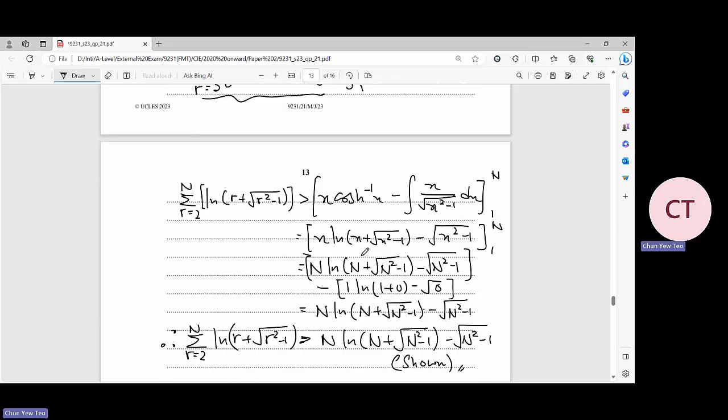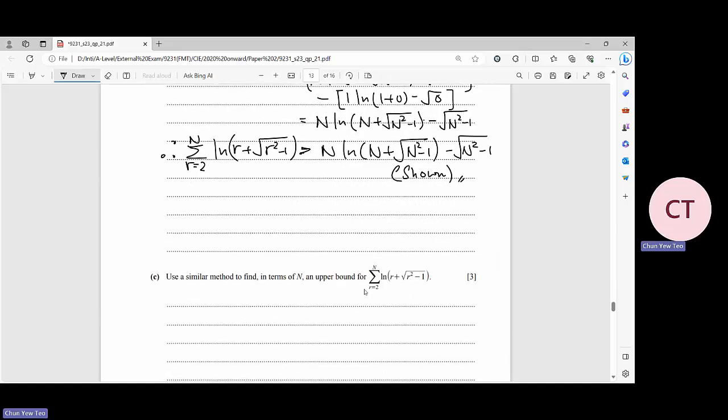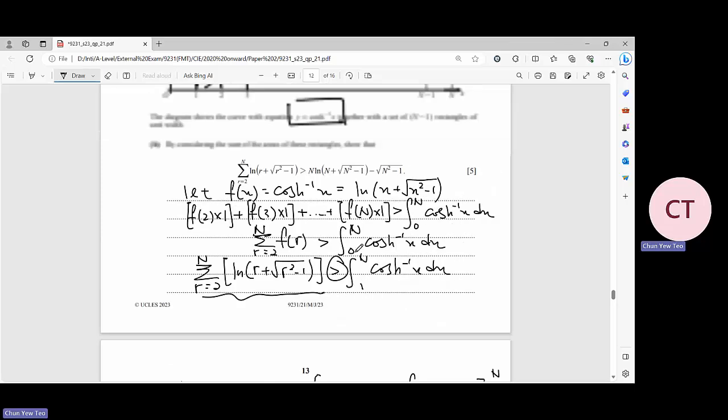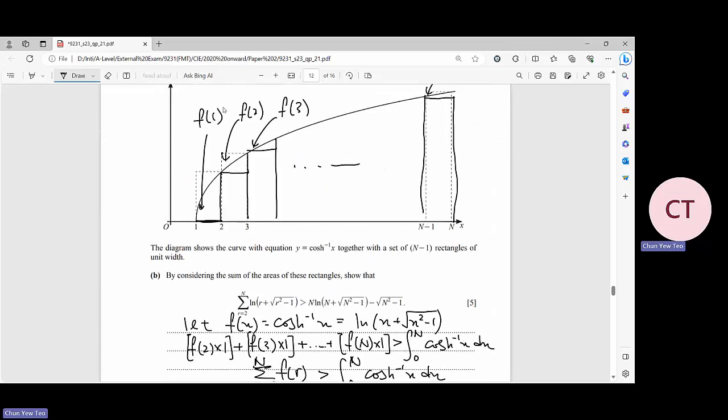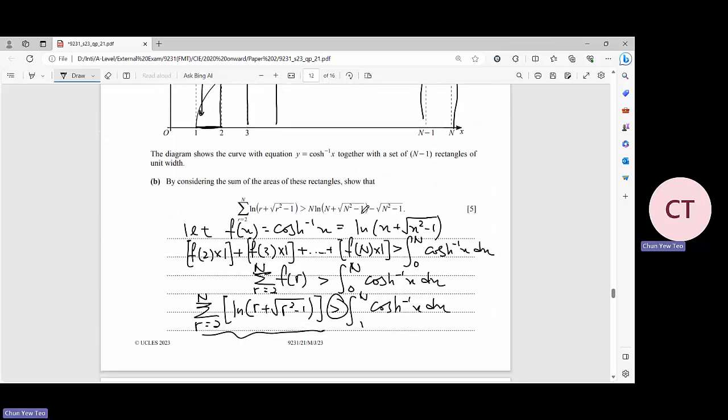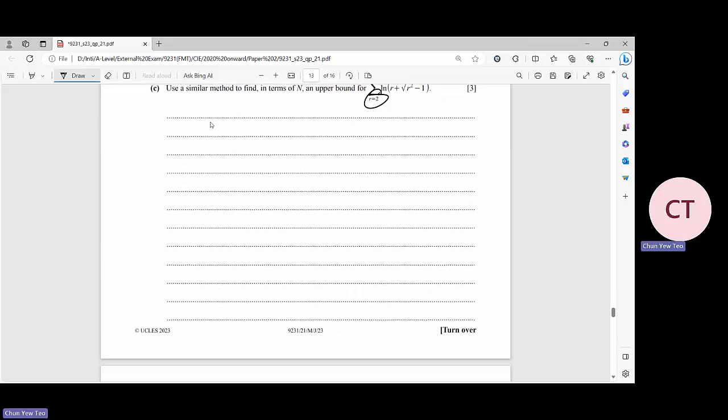But however, your r starts from 2. Your r starts from 2, that means this one is not needed. So just write F2. If you want to save time, no need to write times 1 anymore. Just straight away write F2 plus F3 plus until Fn minus 1.